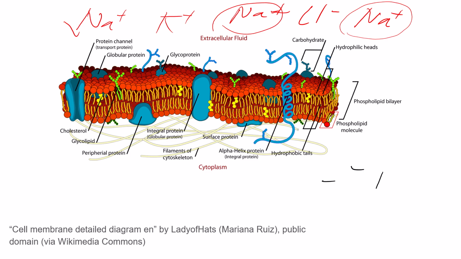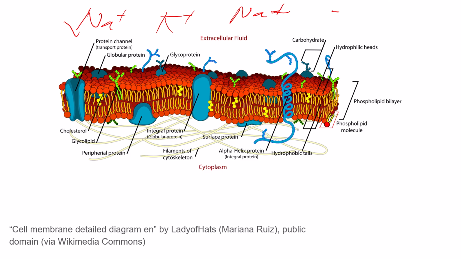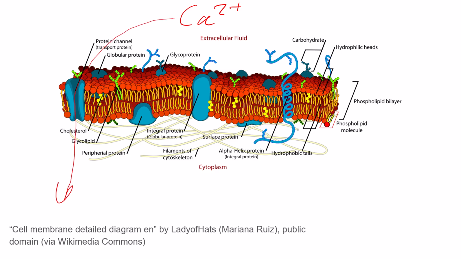There are also many special purposes where your cells pump electrolytes across the cell membrane. For example, in your muscle cells, your muscles store calcium. And then when you want to move, the cell releases calcium inside the cell, and that calcium helps your muscles to move.